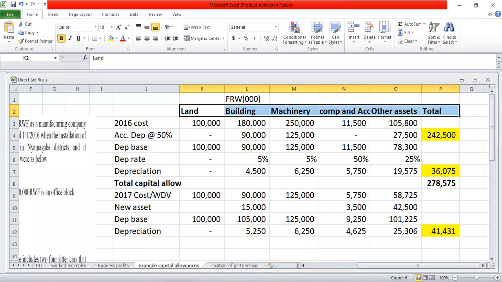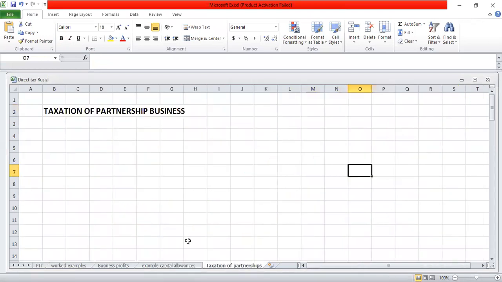So I think we can now continue with our next part of discussion, which is taxation of business profit, of partnership businesses. Taxation of partnership businesses.